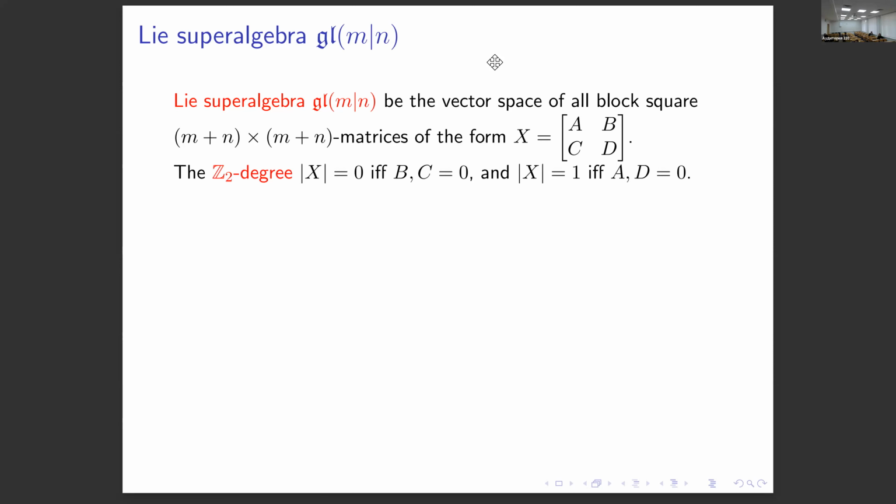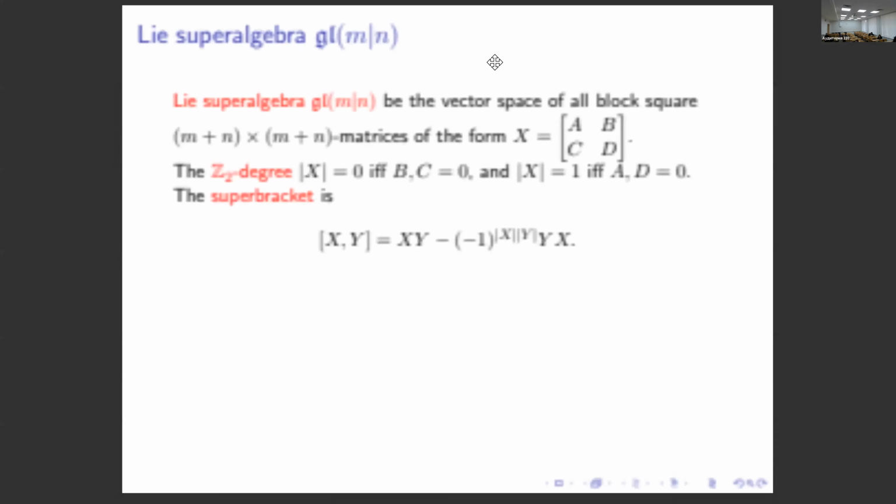There's the homogeneous element, with a Z2 degree. If I say the degree of X is 0, X is a homogeneous element, and the degree is 0 if and only if the matrices B and C are 0, and the degree is 1 if and only if the matrices A and D are 0.